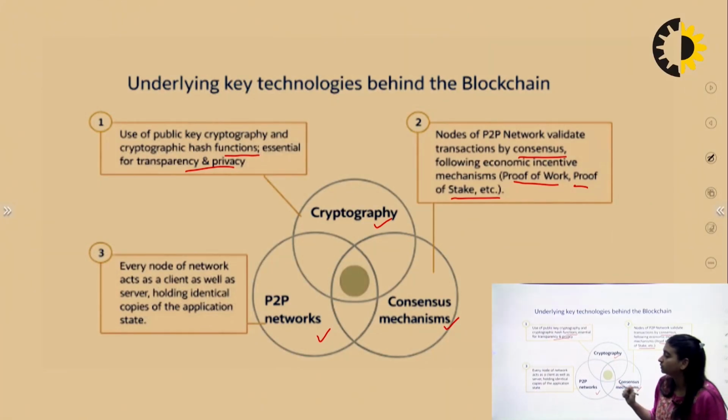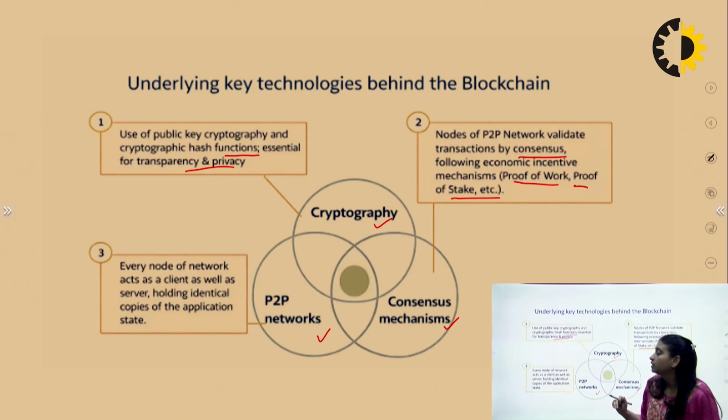The next, or the third tech, is P2P network, that is peer-to-peer network. Every node of the network acts as a client as well as a server, and each entity in the network has the same sort of responsibilities. Each has the updated form of the ledger, or copy of the record.